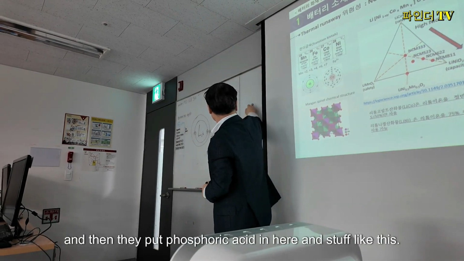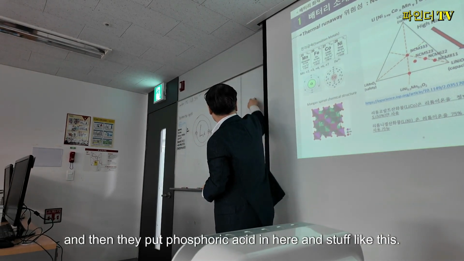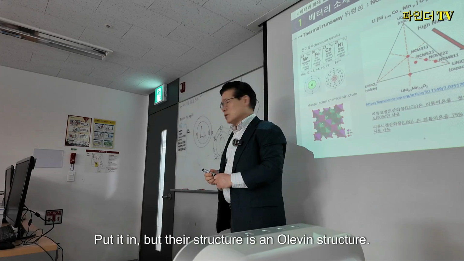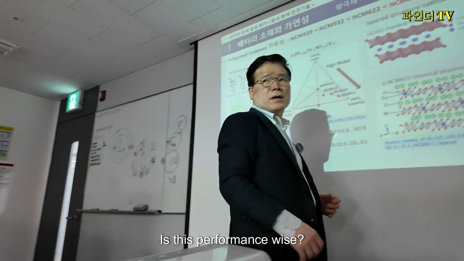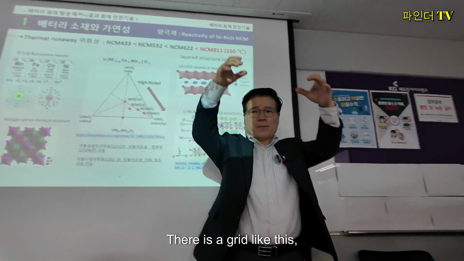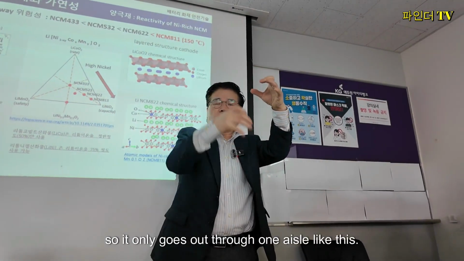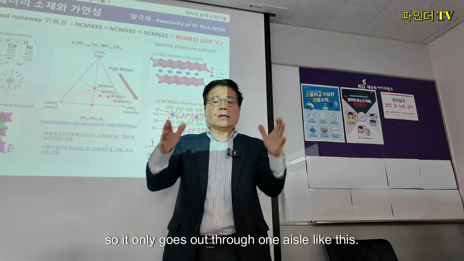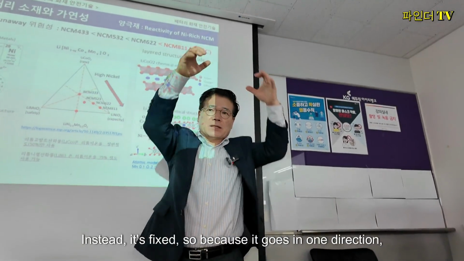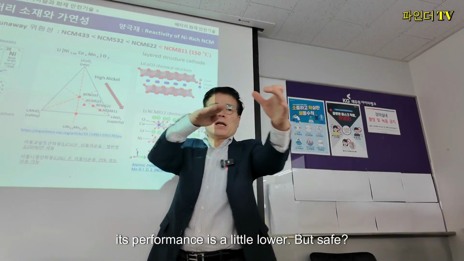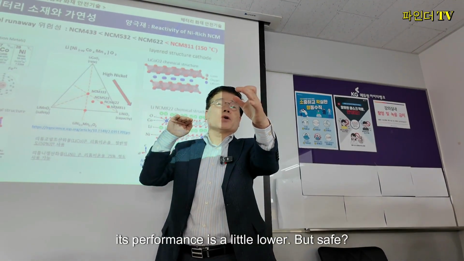They put phosphoric acid in here, but their structure is an olivine structure. Performance-wise, there is a grid like this, so lithium only goes out through one aisle like this. Instead, it's fixed. Because it goes in one direction, its performance is a little lower. But safe?